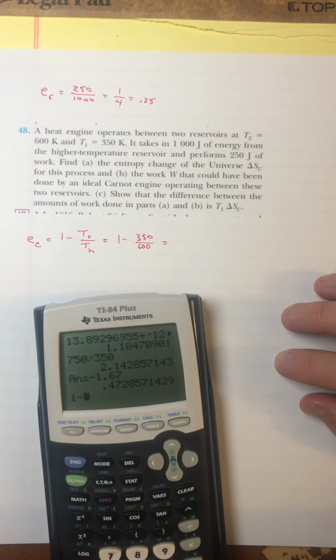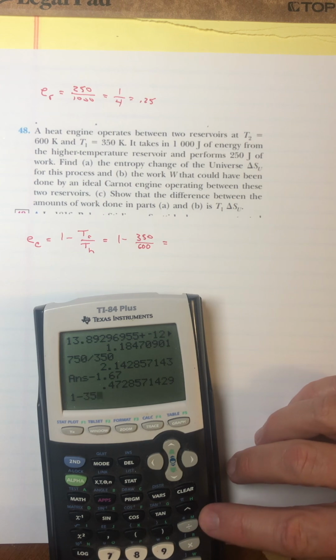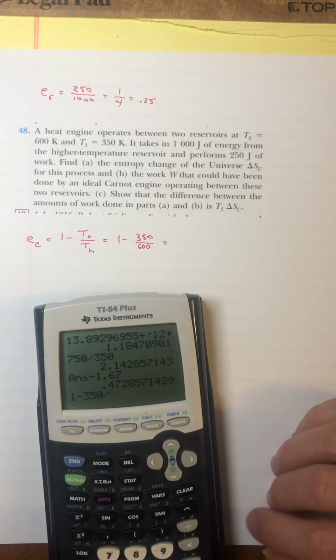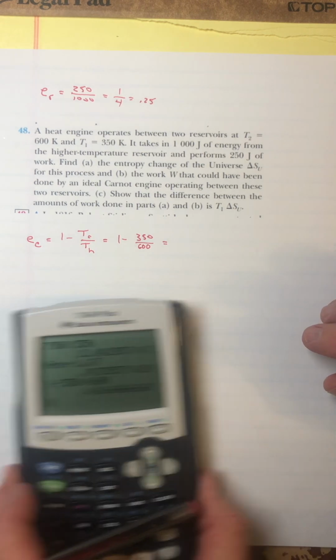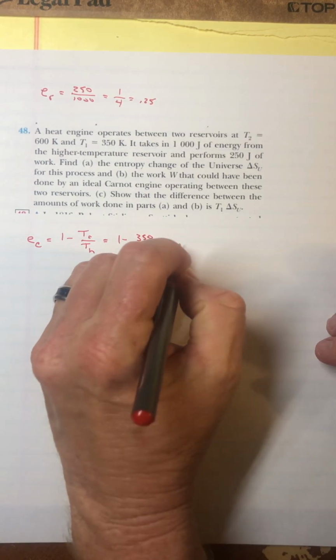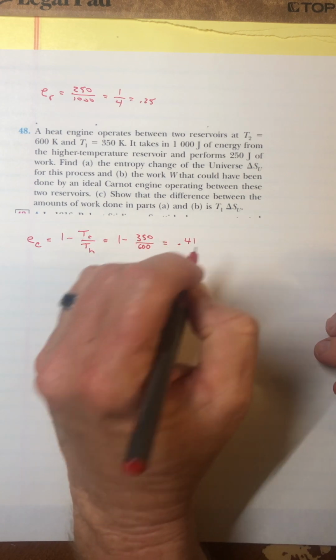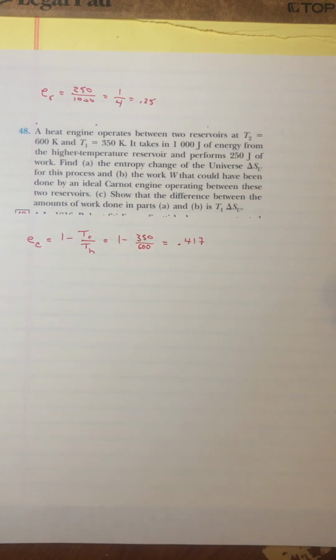So 1 minus 350 over 600. So it could be operating at about a 41%. So I guess more.